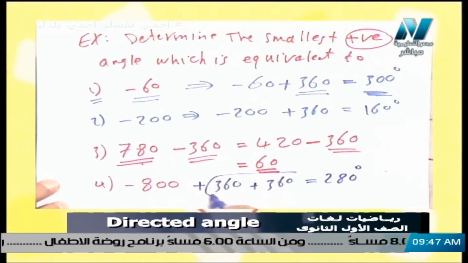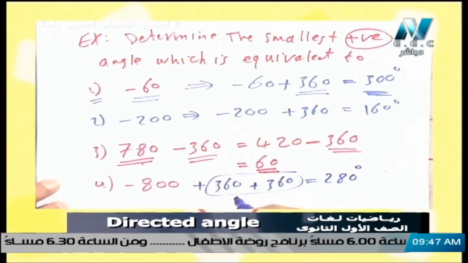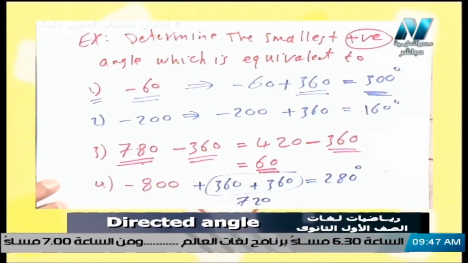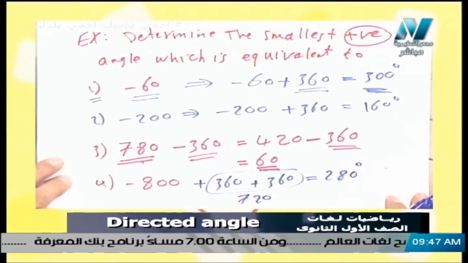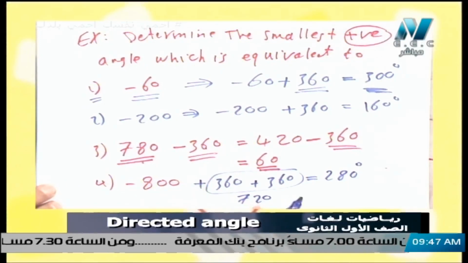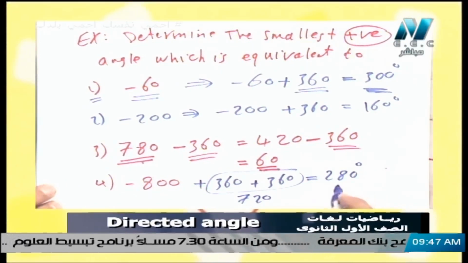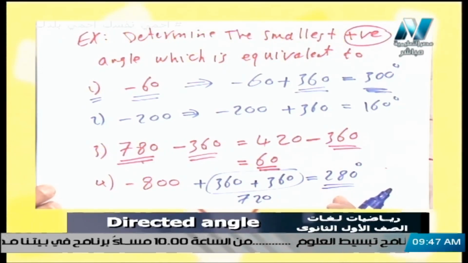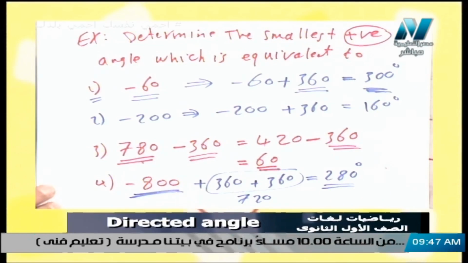Or we can say that 720 is two turns, or two rounds. Negative 800 plus 1080 equals 280. So 280 here is the smallest positive angle which is equivalent to negative 800.